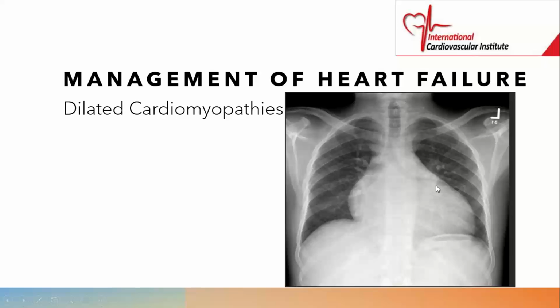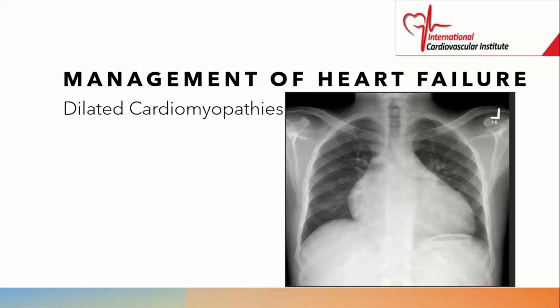When you look at the chest X-ray, it shows evidence of cardiomegaly, especially the left ventricle, and we can do a session on chest X-ray to determine which side of the heart or which chambers enlarge, depending on what the chest X-ray looks like.